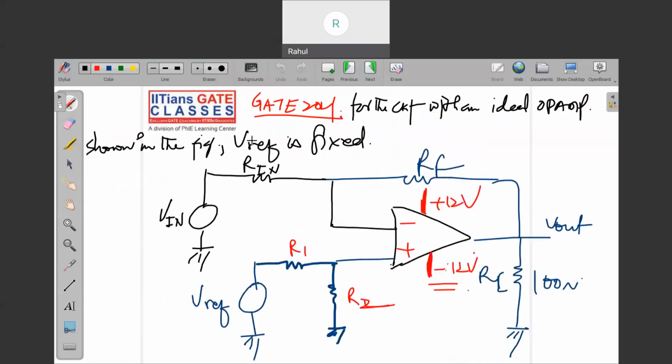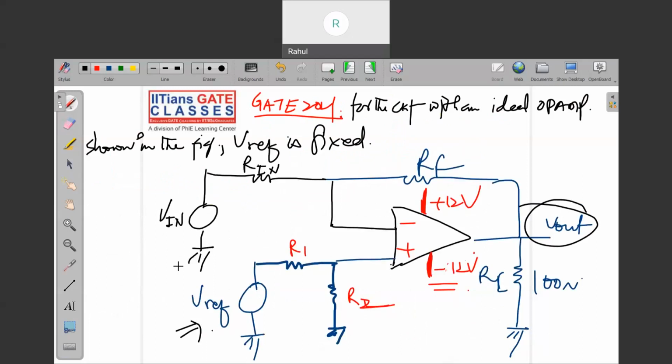Let me get back to the circuit. Forget about the given information for the time being, and try to compute the output. If we forget about this Vref, we can find the output with respect to V in, and then you have to find the total output.